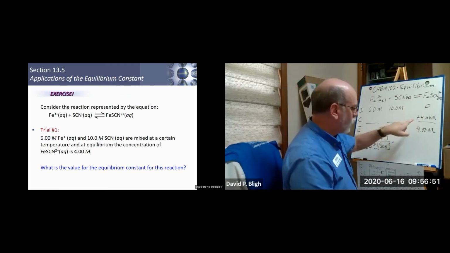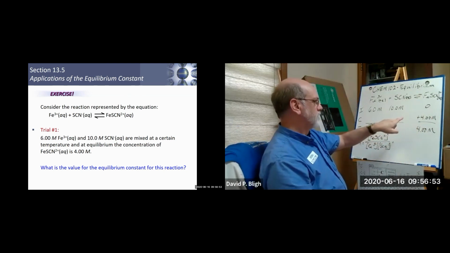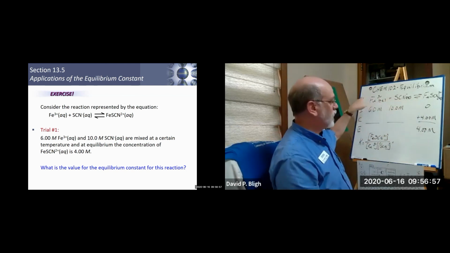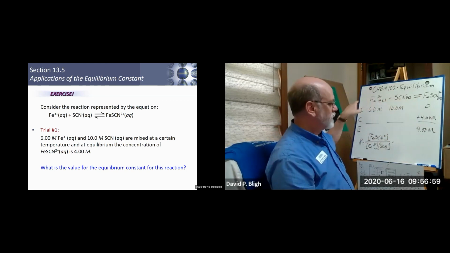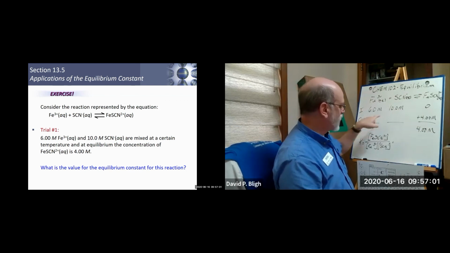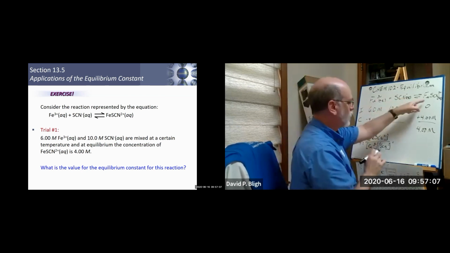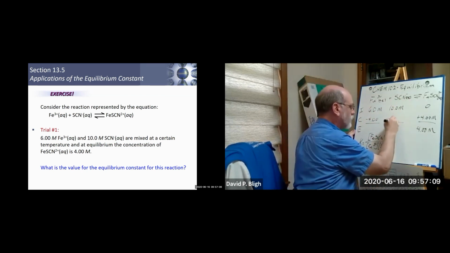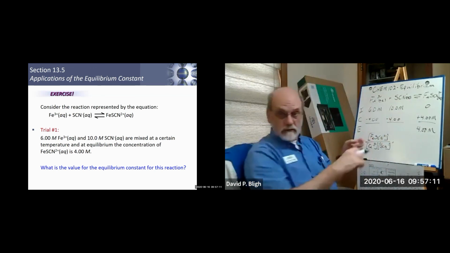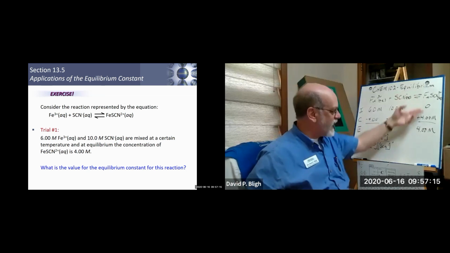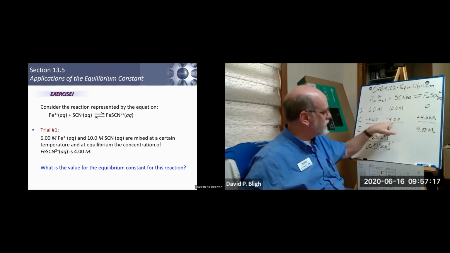So if we got 4, where did it come from? Well, look, the coefficients are 1 to 1 to 1. Right? So the ratio, the change here is that we had to lose 4 from this side. And this 1 to 1, we had to lose 4 from this side, didn't we? That's logical. If we had to add that much, then we had to lose it from here.